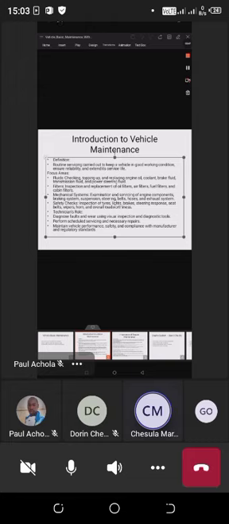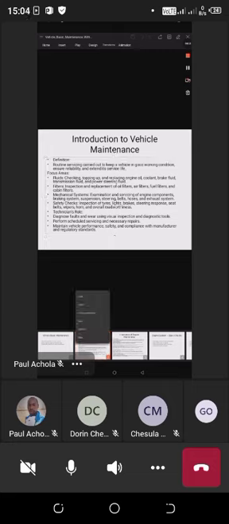Okay, that's correct. I'll expound and explain the term. Maintenance is a routine service carried out to keep a vehicle in good condition, ensure reliability, and extend its service life. As you know, a vehicle is a combination of different systems that also require maintenance.